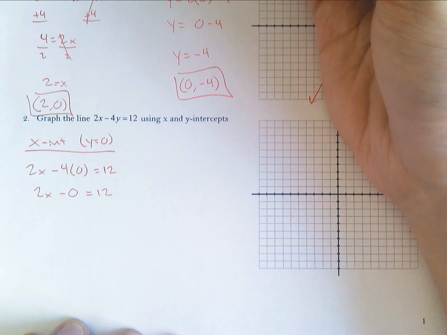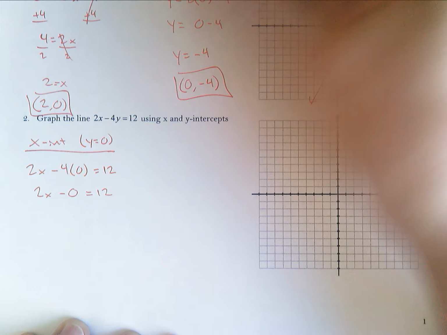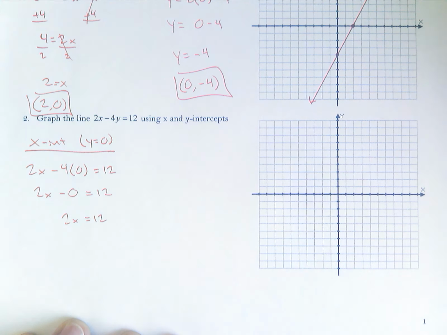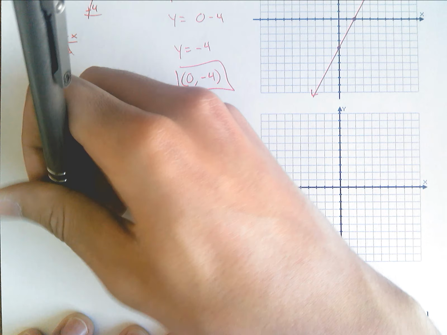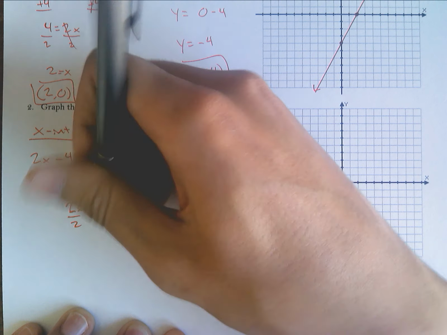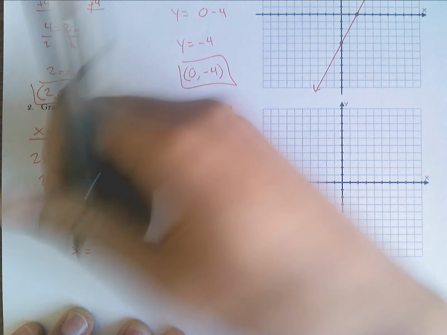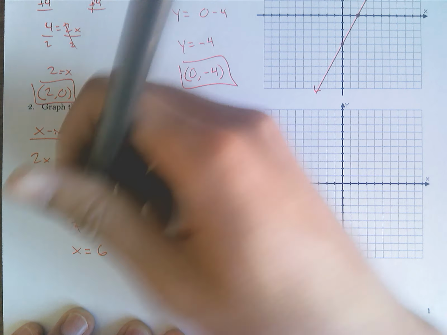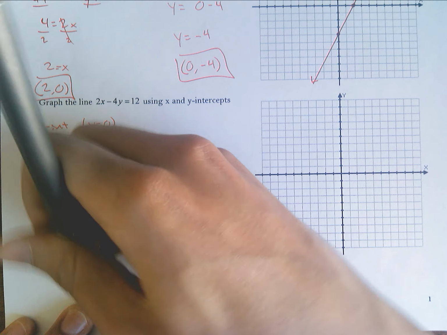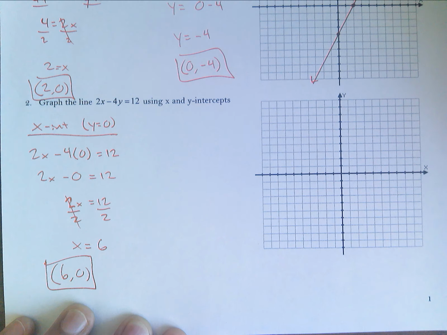Well, that minus 0 doesn't change anything. It's still 2x. So we have 2x equals 12. Then our last step, we divide both sides by 2. So x equals 12 divided by 2, which is 6. As an ordered pair, we have the x-intercept of (6, 0).